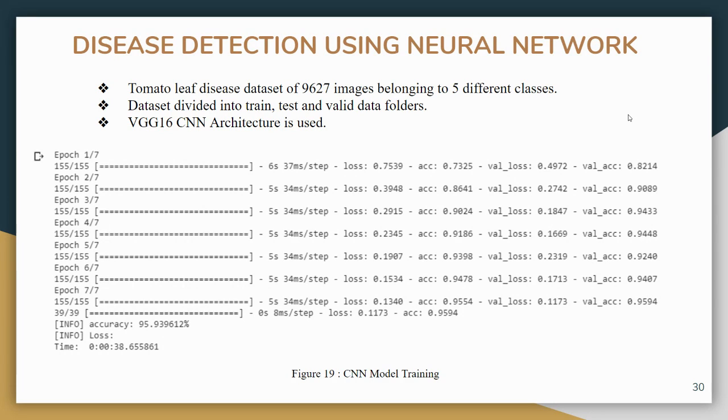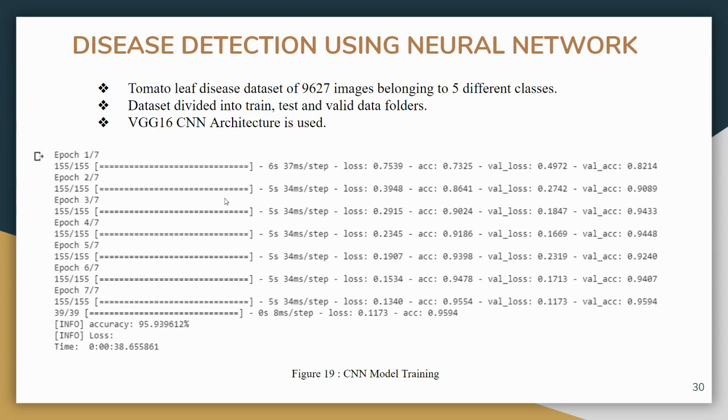For this neural network, we have selected the VGG16 CNN architecture because it is considered one of the best vision model architectures. The 16 in VGG16 refers to the number of weight layers in the network. This network uses only 3 cross 3 convolutional layers stacked on top of each other in increasing depth, and uses the same padding and max pool layers of 2 cross 2 filters.